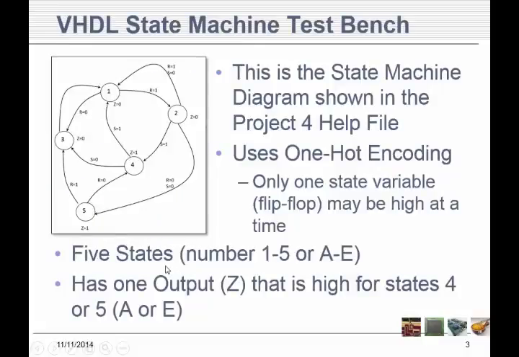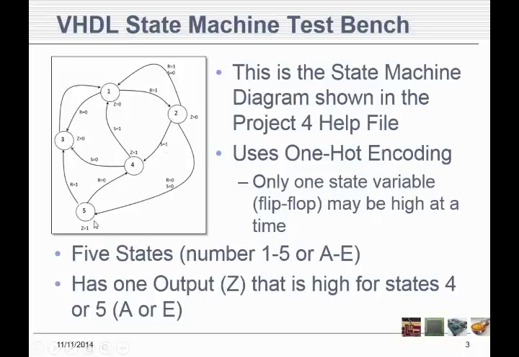I decided to go with this particular state machine design just because it was kind of different, and I didn't want to figure it all out as a hardware circuit, so I just wanted to do VHDL.